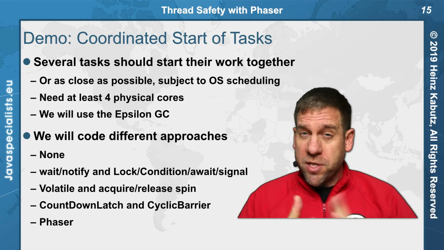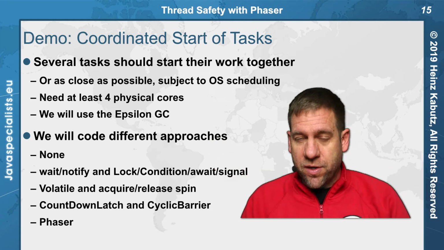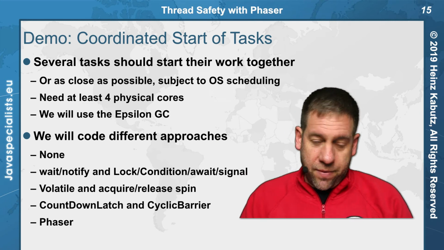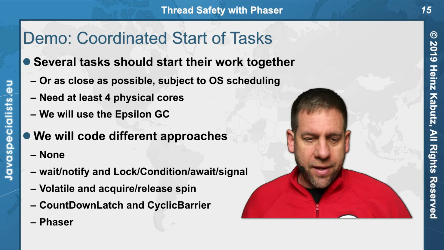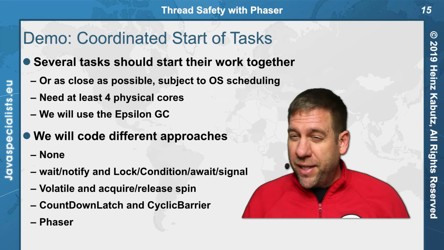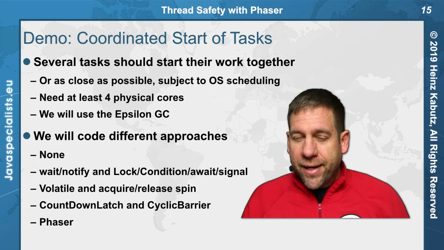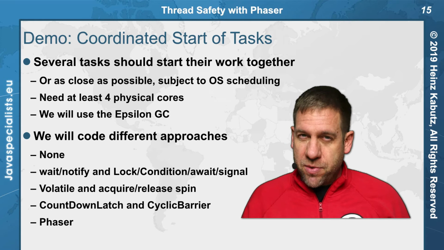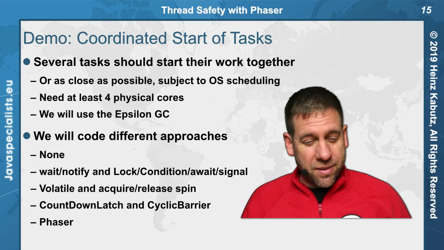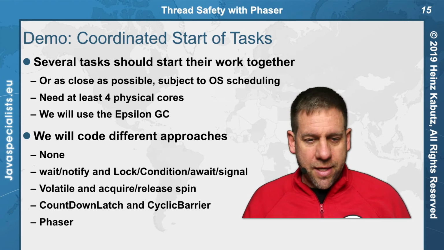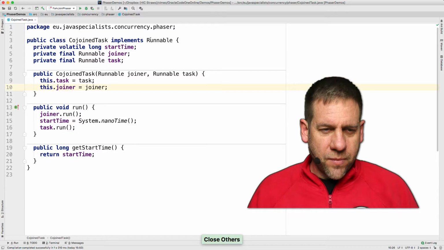And we're going to code a whole bunch of different approaches, about 5, 6, 7 different approaches. And this is where I'm saying, if you can't follow everything, do me a favor, please, before you get upset with me, please have a look at my Mastering Threads course, because that will fill you in a lot of the blanks. All right, let's go to the IDE.